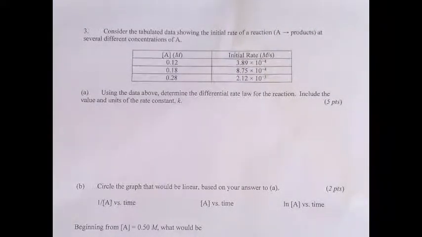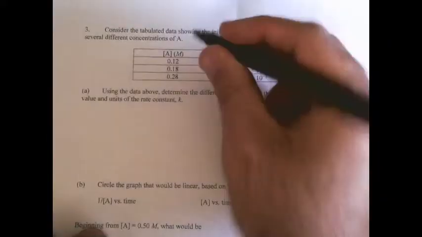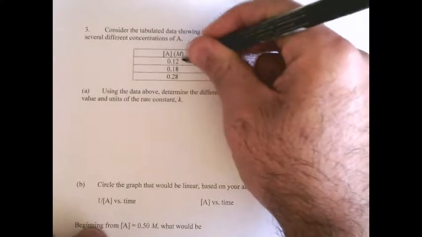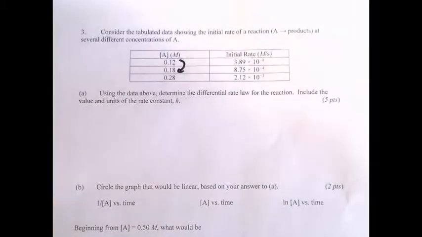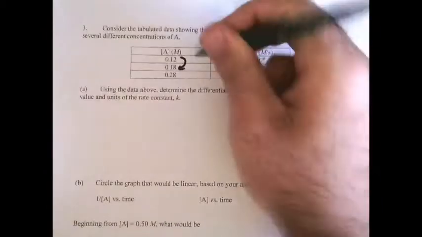So first off, looking at the data and trying to figure out the differential rate law, we saw two ways we can do this. One of them very mathematical, the other one a little bit less so. We'll go ahead and start with the less so method, which is that if I look at the factor by which those two concentrations are different from one another, it is a factor of 1.5.